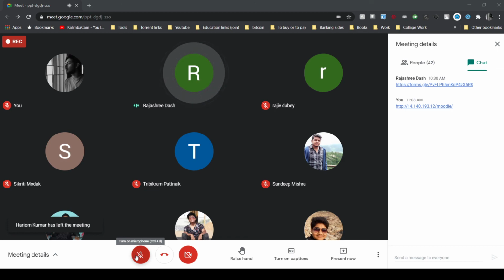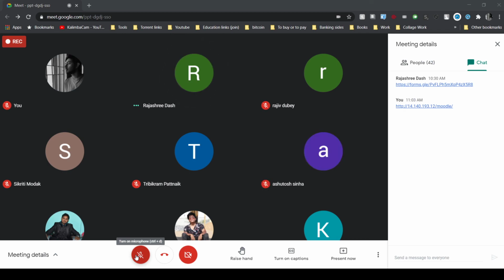Rihan Ahmad Khan, Divya Prakash Naik, Akan Chatterjee, present, ma'am. Asutosh Sinha, present, ma'am. Debajyoti Das, present, ma'am. Shikhar Swarup, present, ma'am.